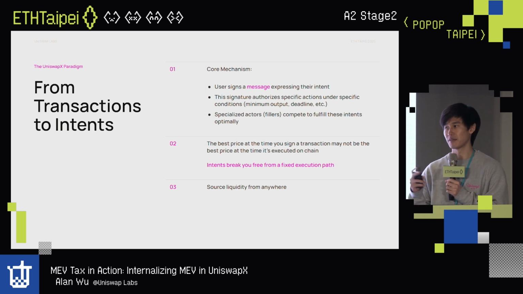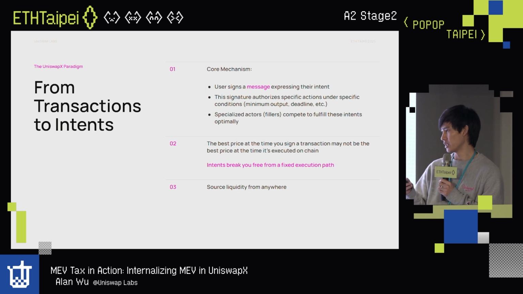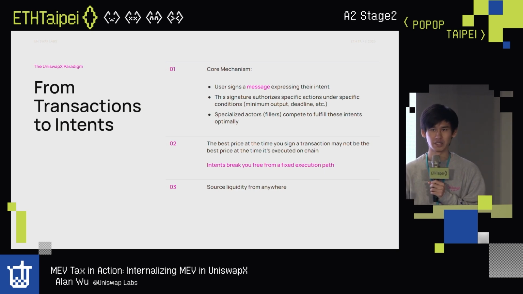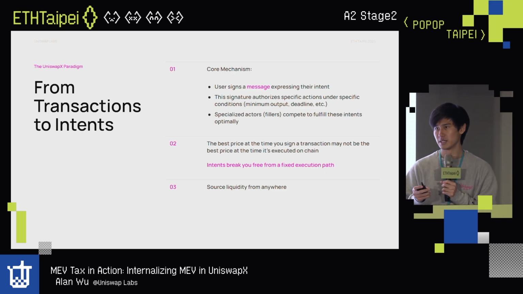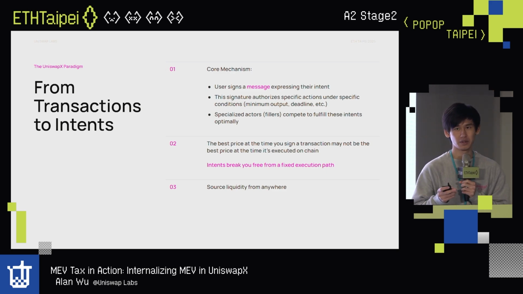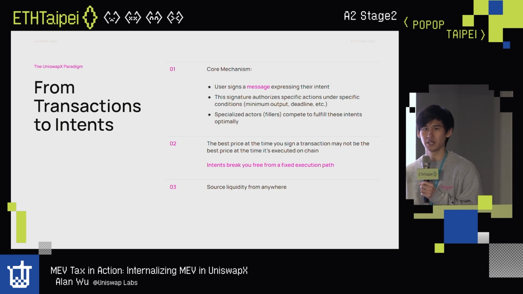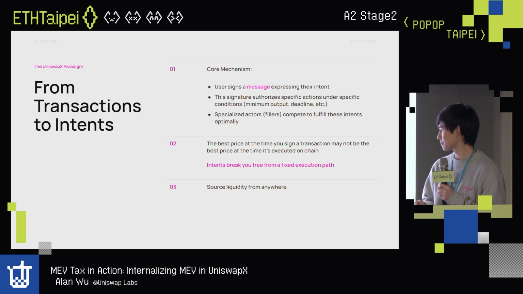You can get liquidity from anywhere. But we're also starting to see opportunities for off-chain liquidity to be used. So as an example of that, a filler or market maker can fill your trade with their own inventory and then take the opposite side of the trade on a central exchange.